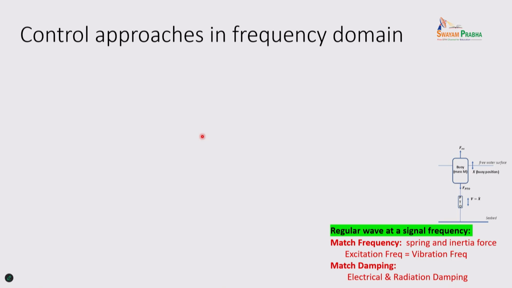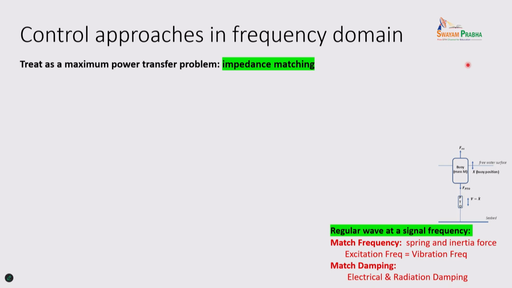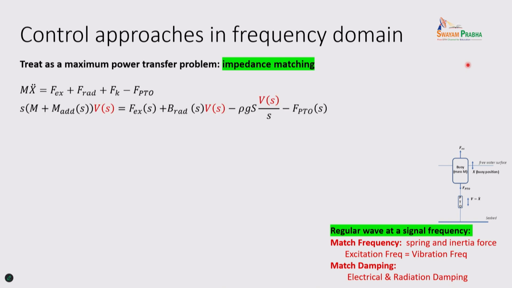Let us say such a system, and look at it from a control perspective. We talk about impedance, right? This is the dynamics equation. From this dynamic equation, you write it in the frequency domain.